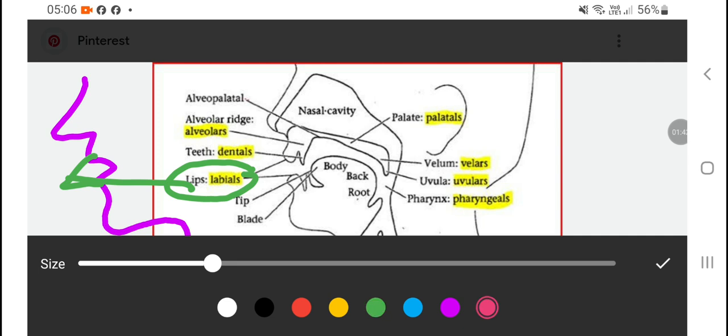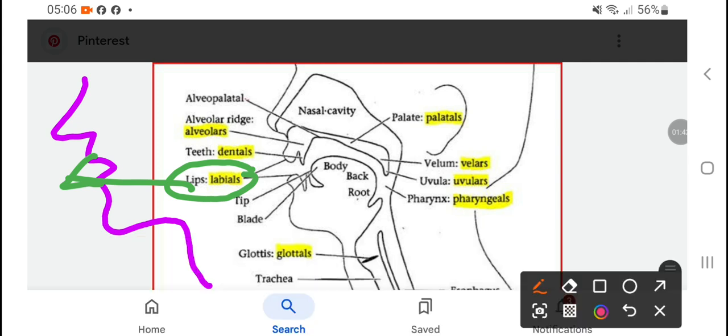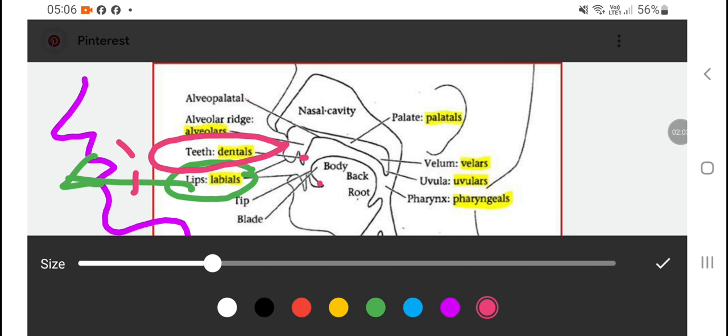Then you should go with teeth, right? Teeth is dental. So here you can show the teeth, these are the teeth, dental. Alright. Then go with nasal cavity.